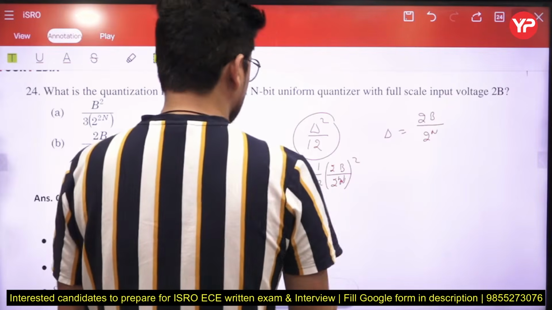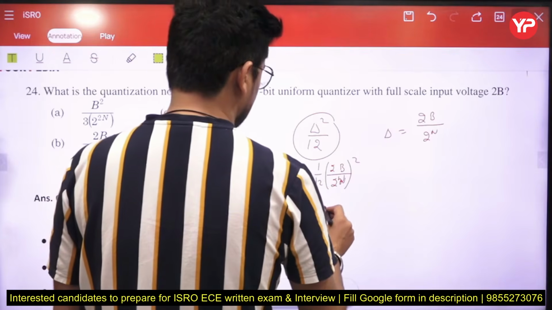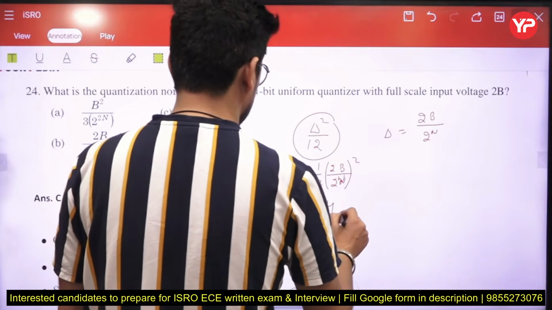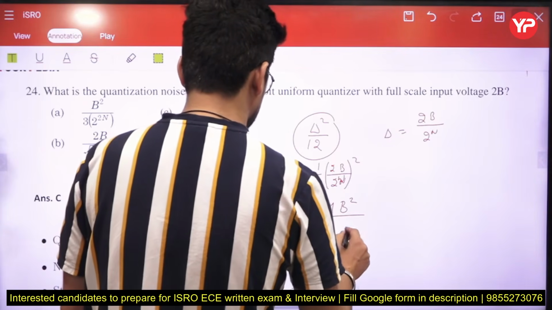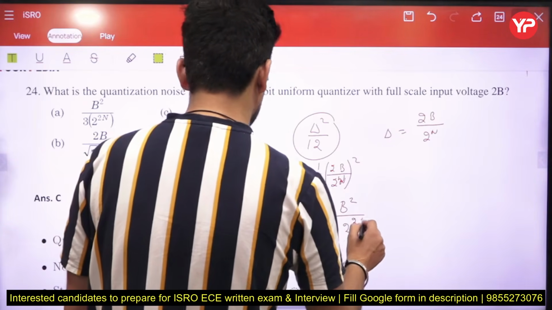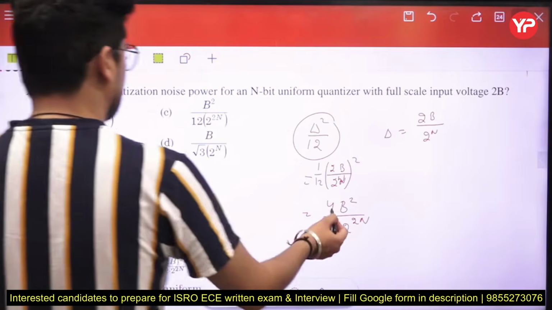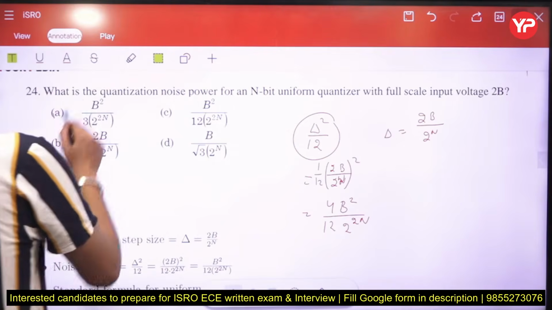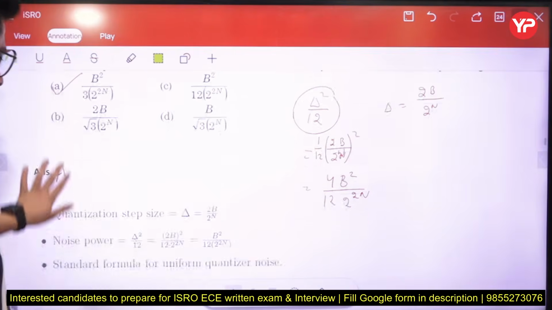So we can write it as 4b squared divided by 12 times 2 raised to power 2n. Then when you cancel 4 by 3, the answer will be A, not C. The answer will be A: b squared divided by 3 times 2 raised to power 2n.